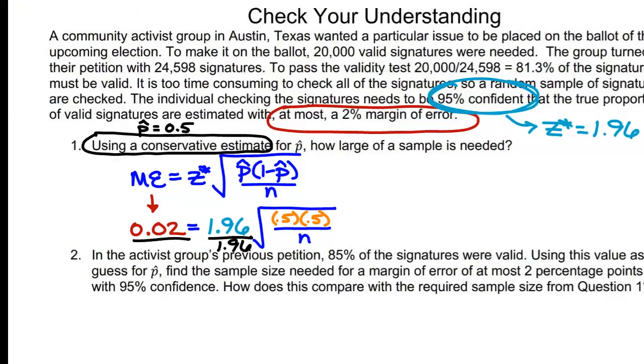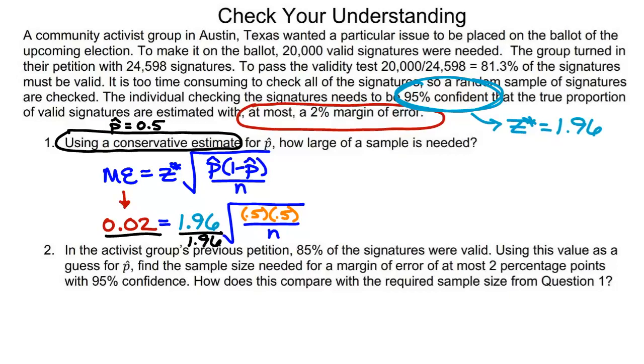So the reason that we're not using the 0.813 is because that's not something that we got from a sample. That is the benchmark that has to be reached in order for the validity test to be passed. And if p hat is 0.5, 1 minus 0.5 is just 0.5. So that's why it's 0.5, 0.5.